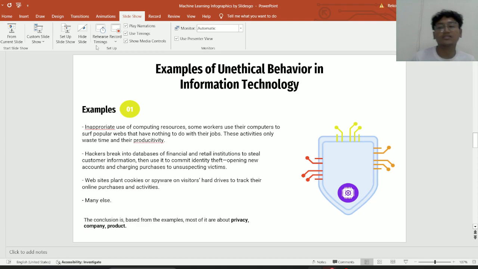So the first example is the inappropriate use of computing resources. Some workers in some companies use their computers to visit popular websites that have nothing to do with their jobs. These activities only waste their time and their productivity.